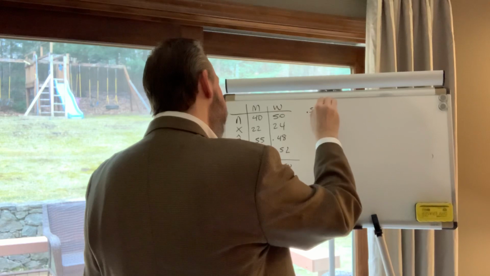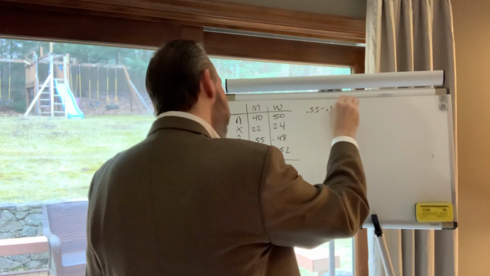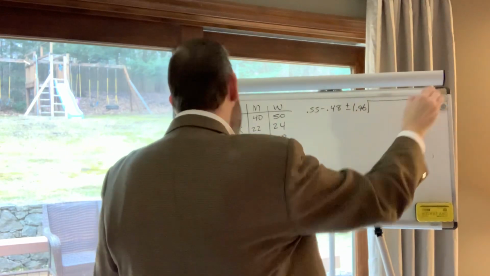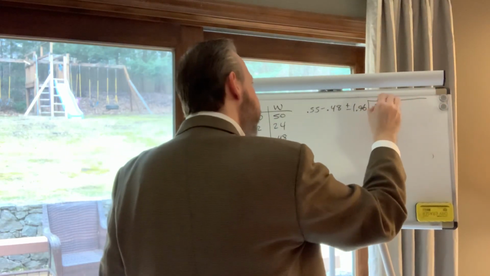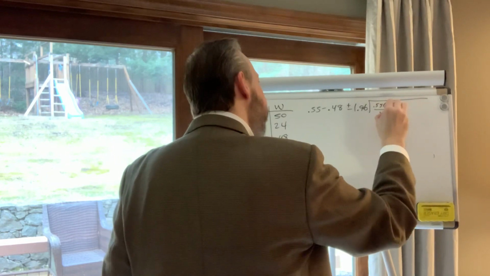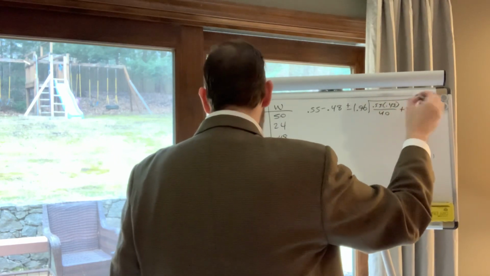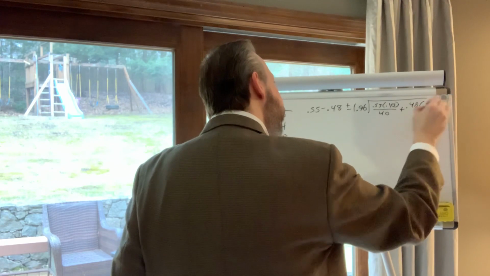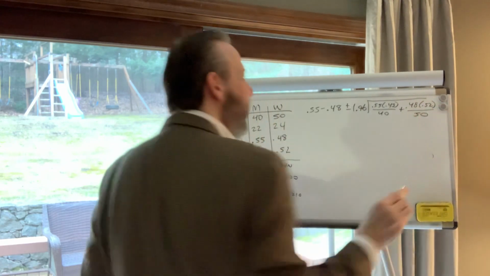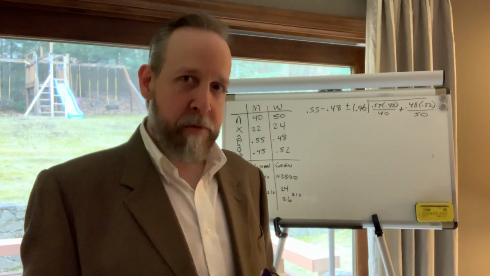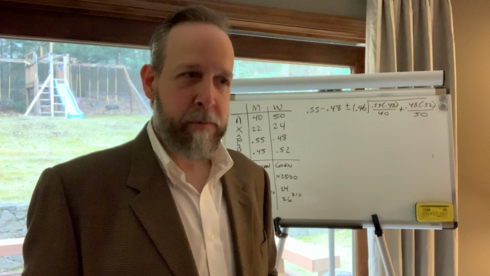It's 0.55 minus 0.48 plus or minus 1.96 times the square root of 0.55 times 0.45 over 40 plus what was it, 48 times 0.52 over 50. In the confidence interval, we don't use the p hat, q hat combined. We use the actual values that were p hat and q hat.